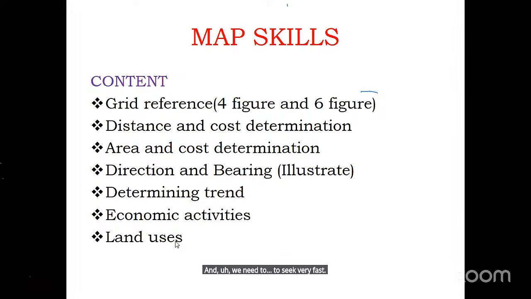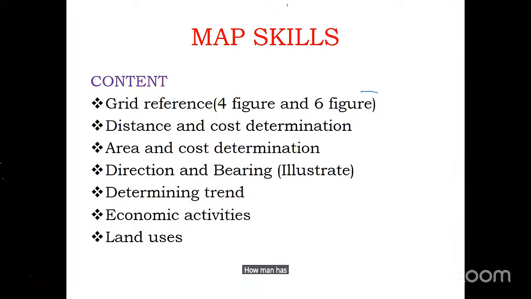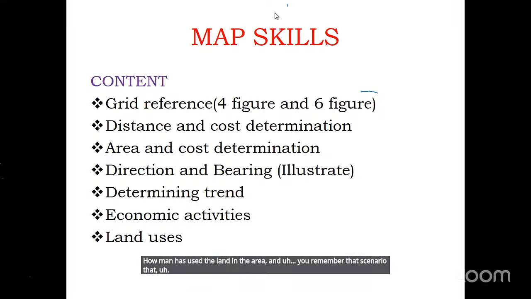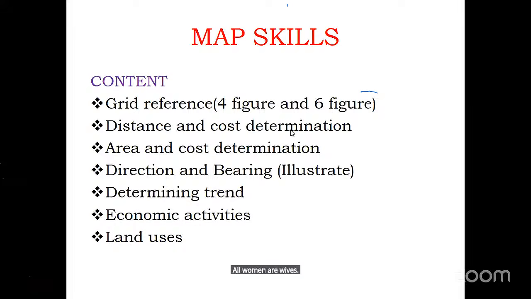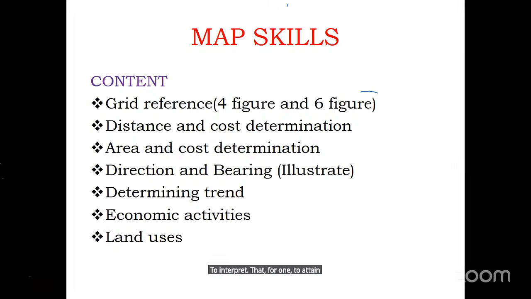What are the land uses? What are land uses? How man has used the land in the area. And you remember the scenario of the 2 statements that I gave you. All women are wives. All wives are women. It looks to be correct, but we tried to interpret that for one to attain the title of a wife, first of all, one must be a woman, naturally.